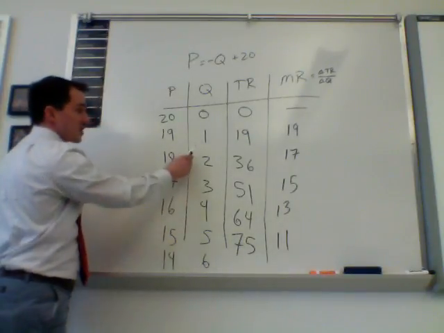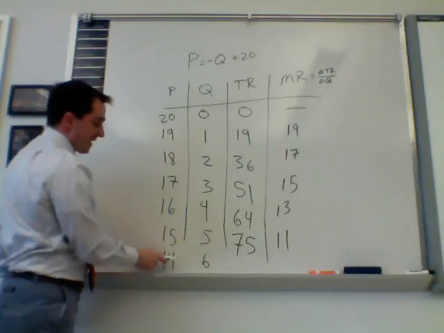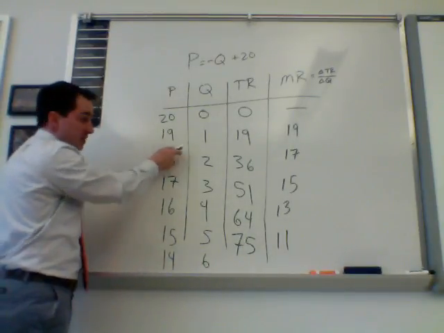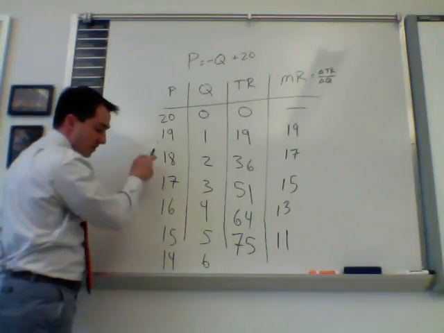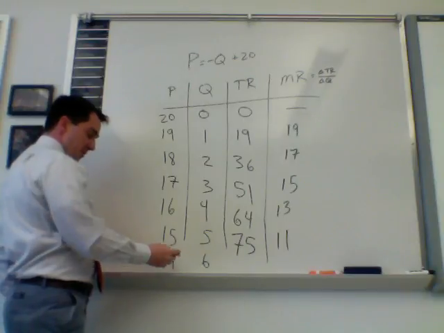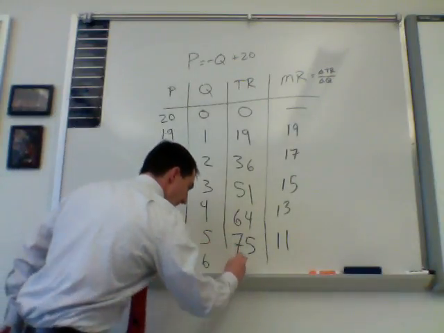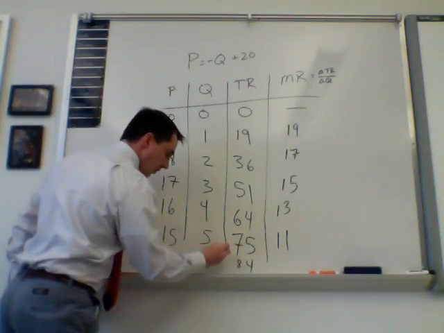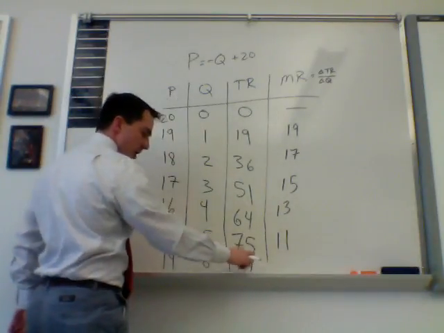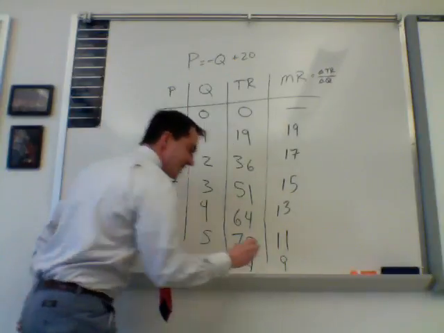That's great, except for this first person who's willing to pay 19. They now only have to pay $14. So does this person, and that person. So when we do 6 times 14, the revenue is 84, but it's not going up by a lot more. It's only going up by, in this case, 9.